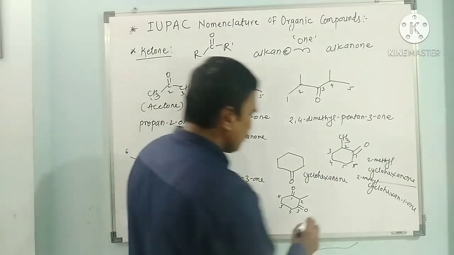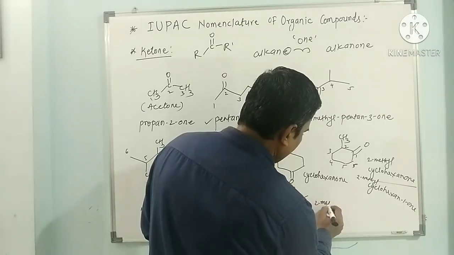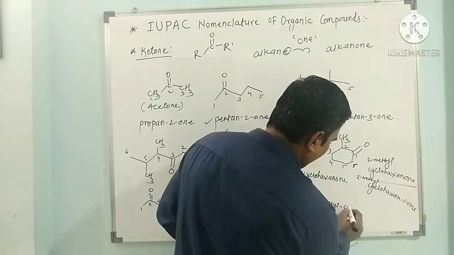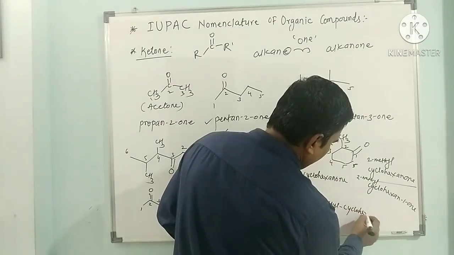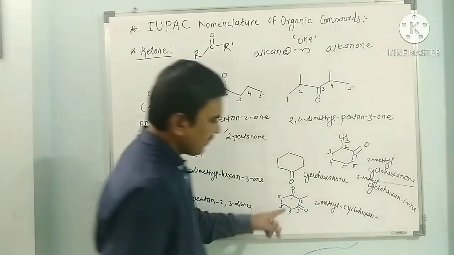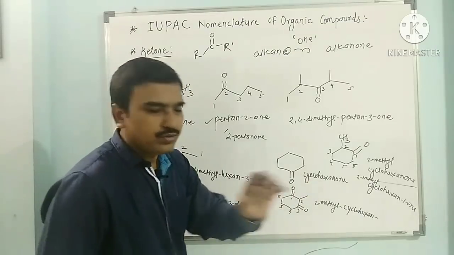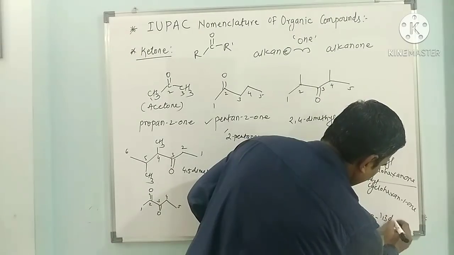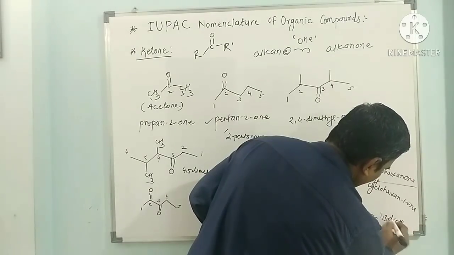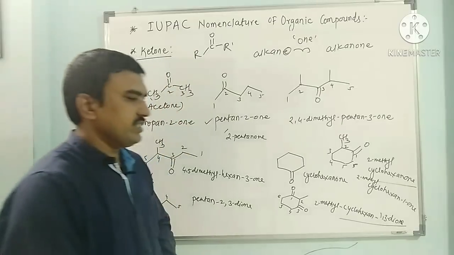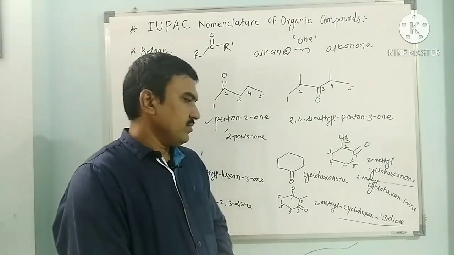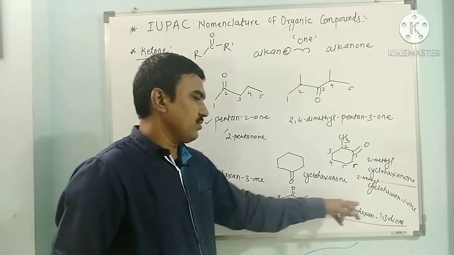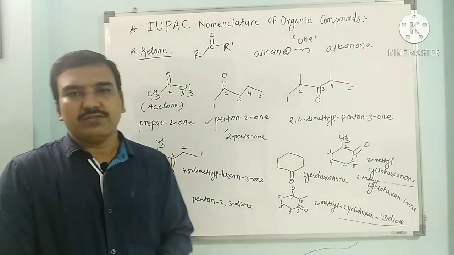Second carbon is having methyl group. 2-methyl cyclohexane. Cyclohexane 1,3-dione. 1 is carbonyl, 3 is carbonyl. 1,3-dione or cyclohexane 1,3-dione or 1,3-cyclohexanedione. 2-methyl cyclohexane 1,3-dione.